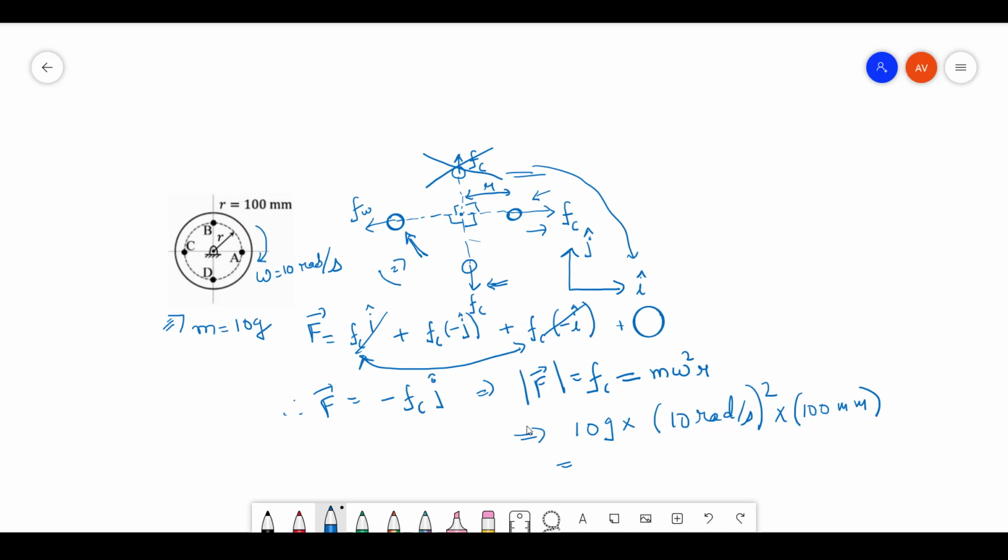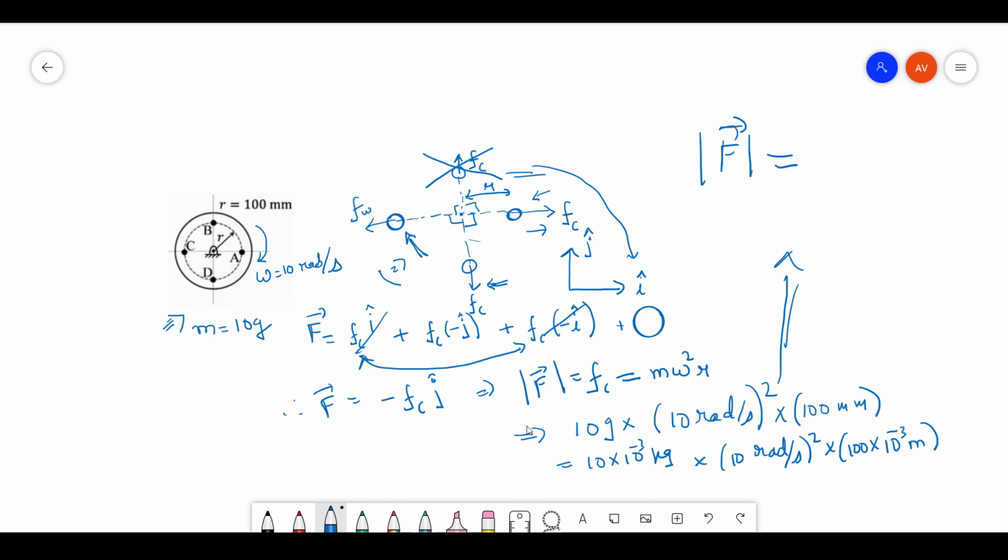When you convert this into SI units, the mass remains the same, into 100 into 10 raised to minus 3 meter. When you solve this, your final force magnitude is 0.1 Newton. So this is your final answer.